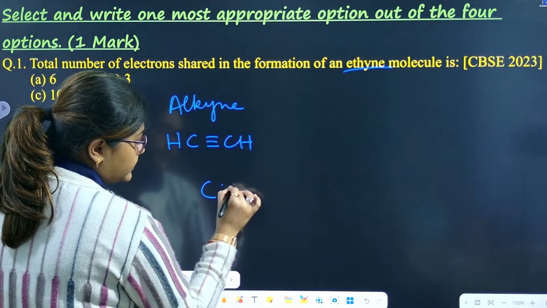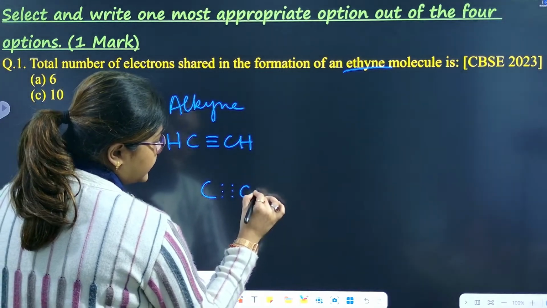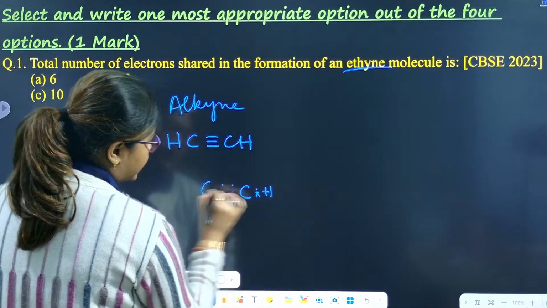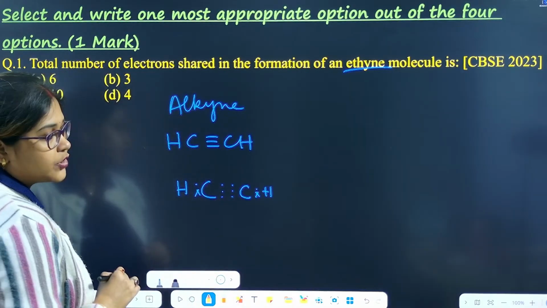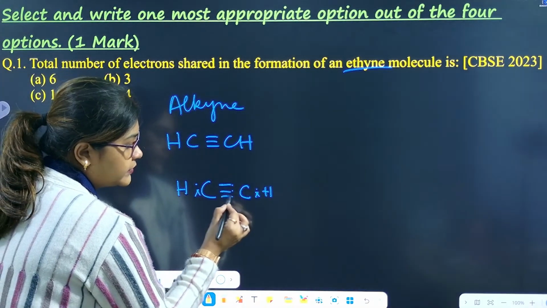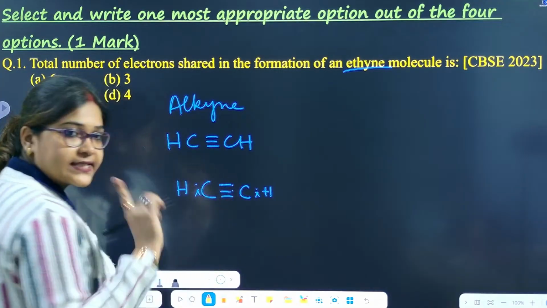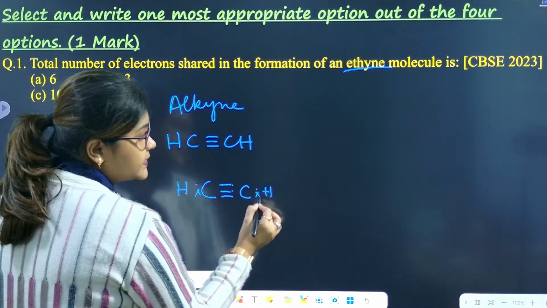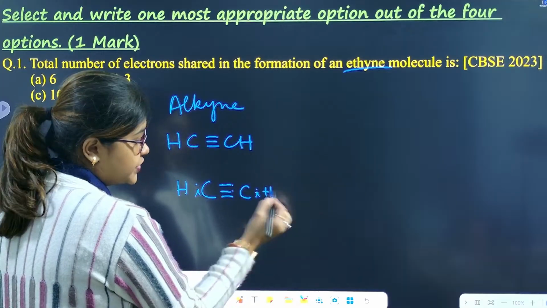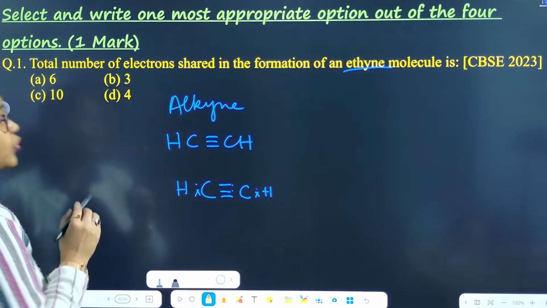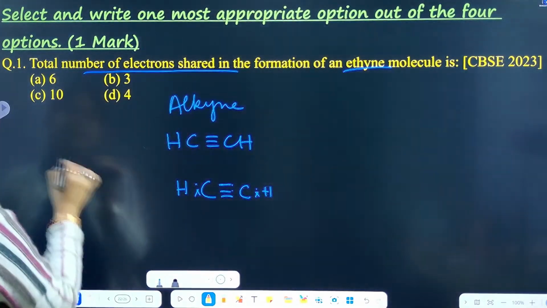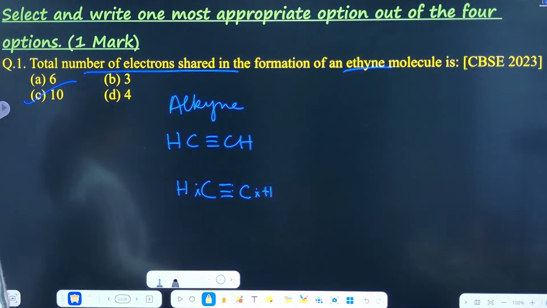If I draw the electron dot and cross structure, this is the triple bond, 1, 2, 3, 4, 5, 6 electrons. This is the single bond with hydrogen, 1, 2. So 6, 7, 8, 9, 10. So total number of electrons shared is 10 electrons.